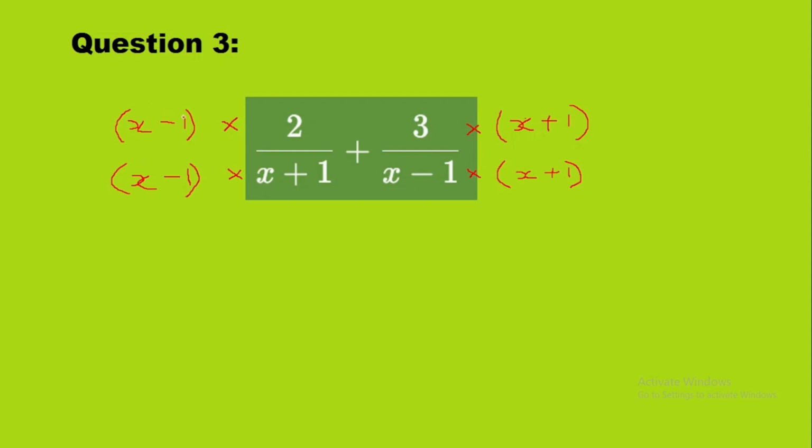Whenever we have two terms inside a bracket and we have to multiply by a single term outside of the bracket, we're going to use the distributive property. So we distribute. I'm sure we should know how to distribute, right?